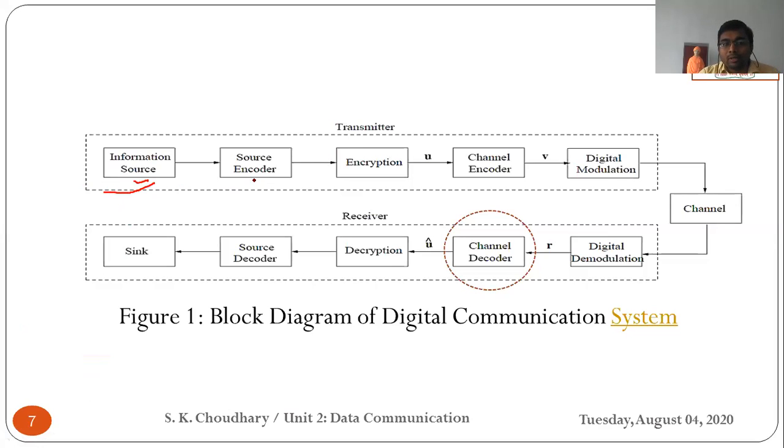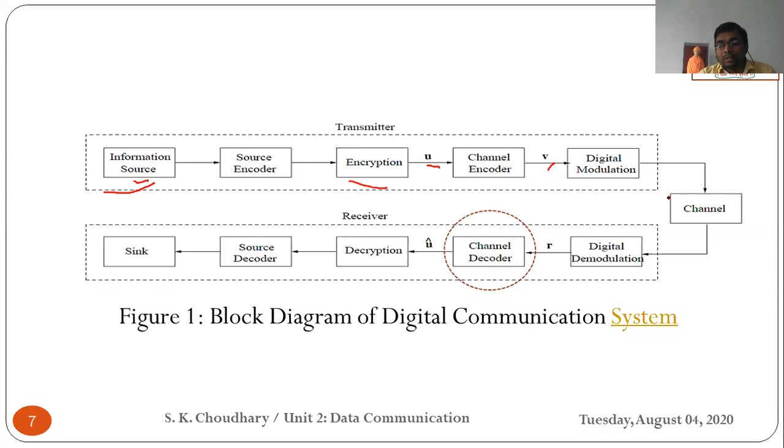This information in terms of bits is fed to the source encoder, where it is further encoded into a stream of information, and then encryption is applied. This encrypted message is fed to the channel encoder, where it is encoded again using a channel encoding technique. Then it is passed through a digital modulation block, where we apply some digital modulation technique.